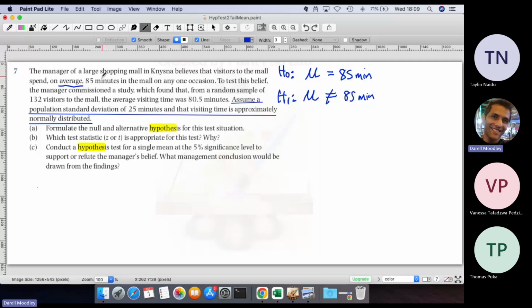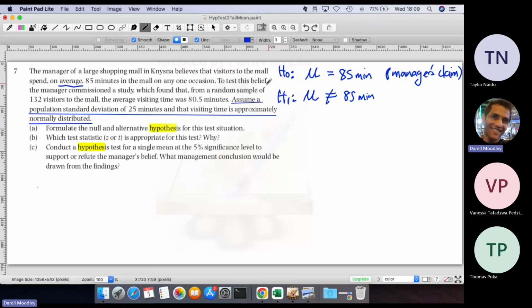Now, if you read the text, it says that the manager believes that visitors on average spend 85 minutes. So this is the manager's belief, H naught. I'm going to write here in brackets, the manager's claim or belief. I'll just write claim. All right, that's the manager's claim.